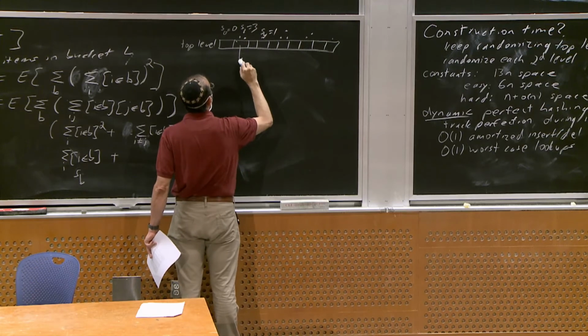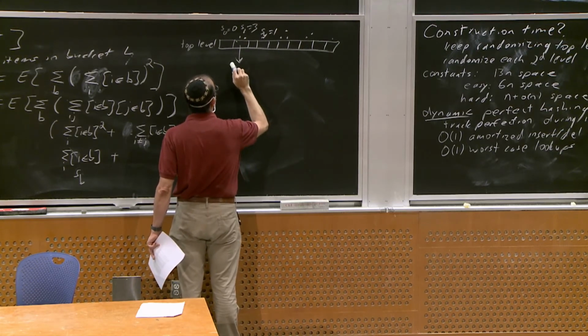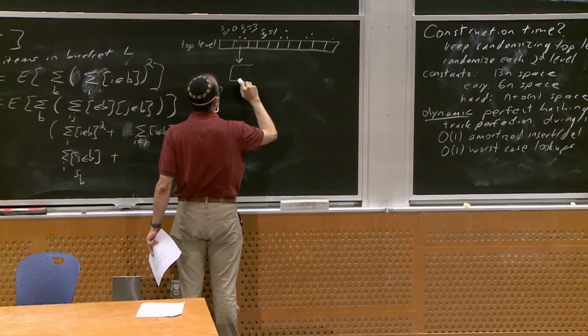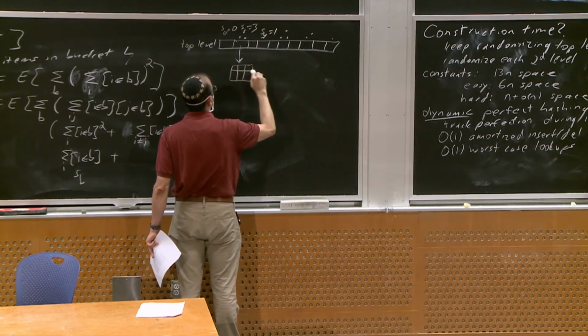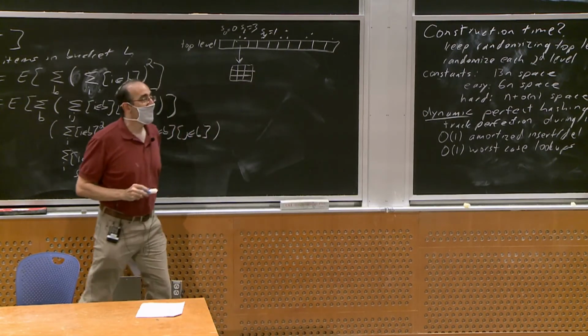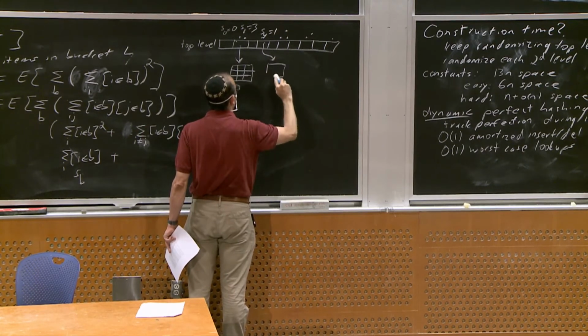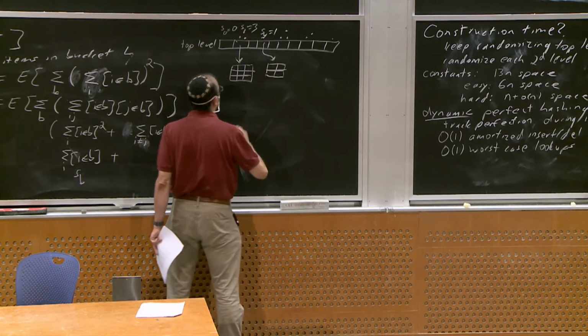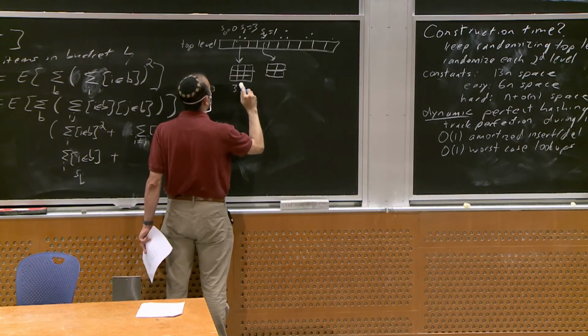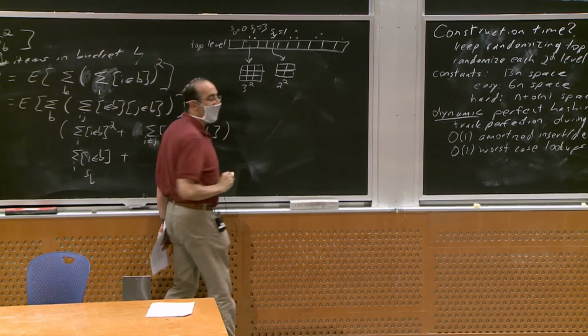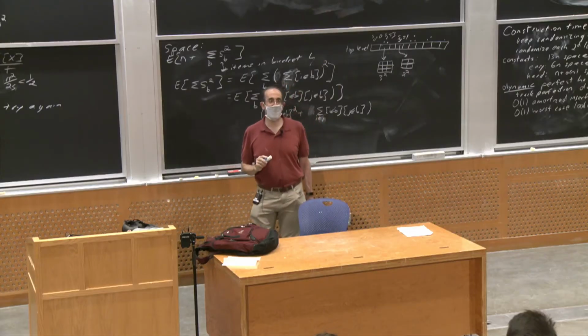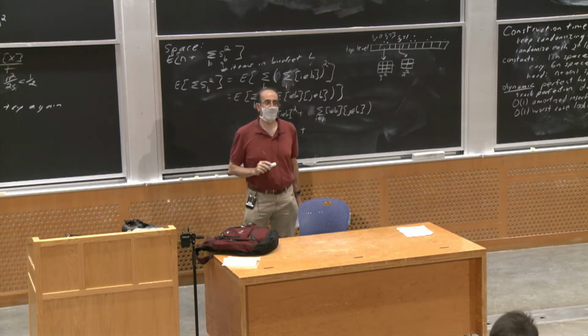We then build for each of the buckets a quadratic size second level hash table to hold the items that landed in the bucket of the top level hash table.